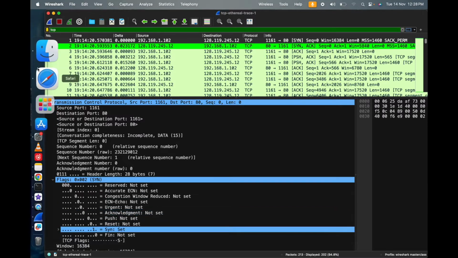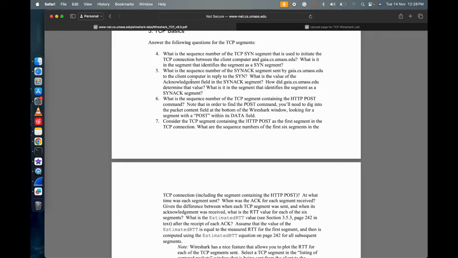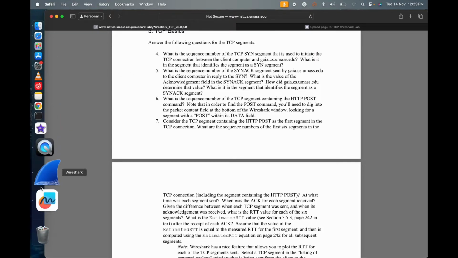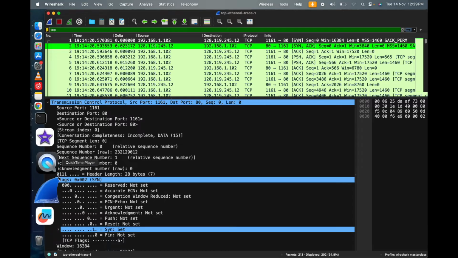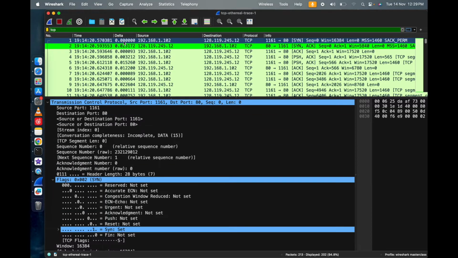Moving forward to the next question: what is the sequence number of the SYN-ACK segment sent by the website to the client computer in reply to the SYN, what is the value of the acknowledgement field in the SYN-ACK segment, and how did the website determine that value? Here the sequence number is 0, by the way, the same as in the previous question.